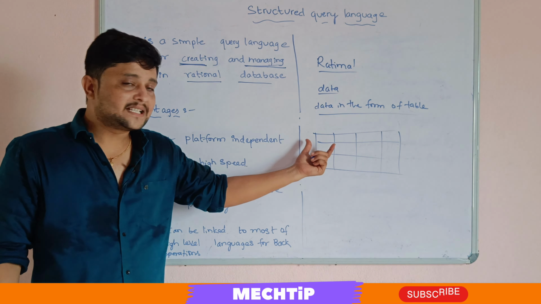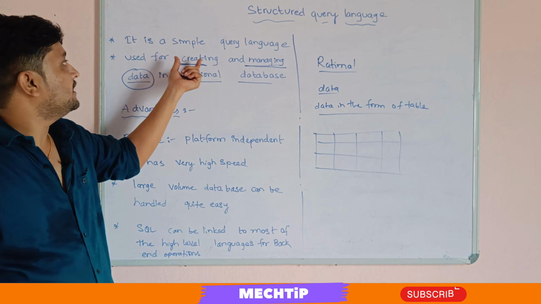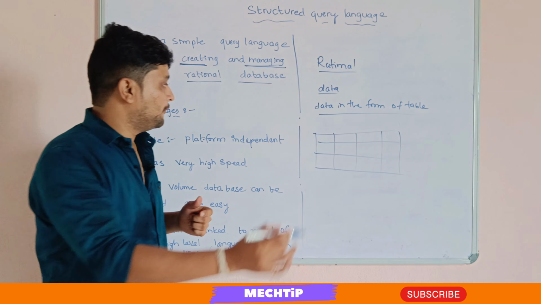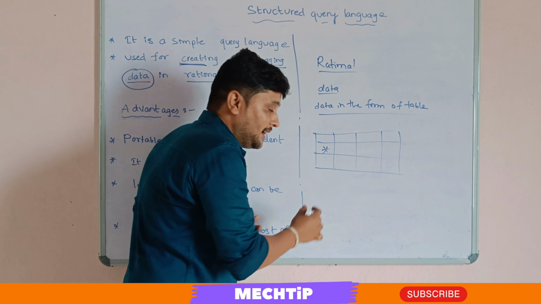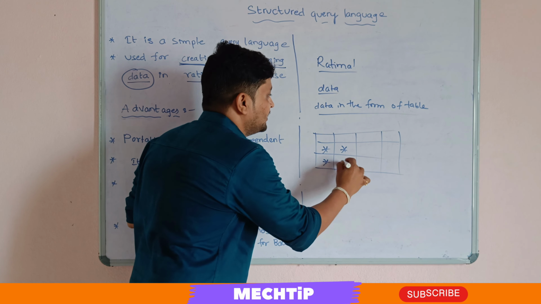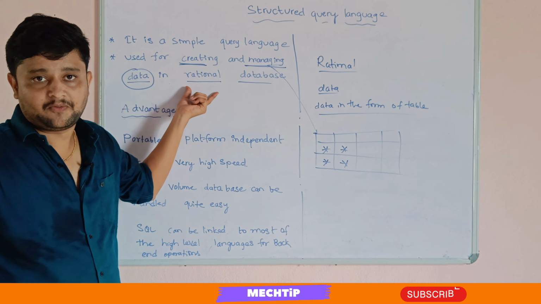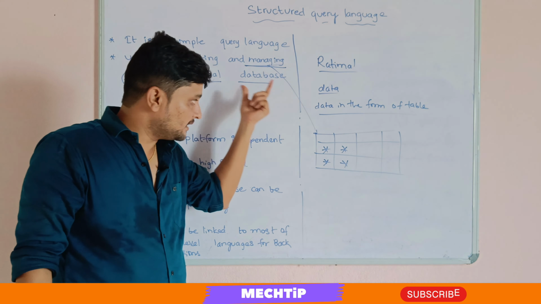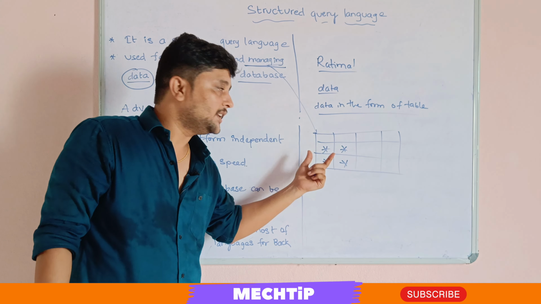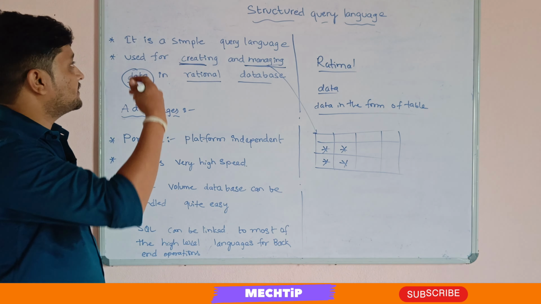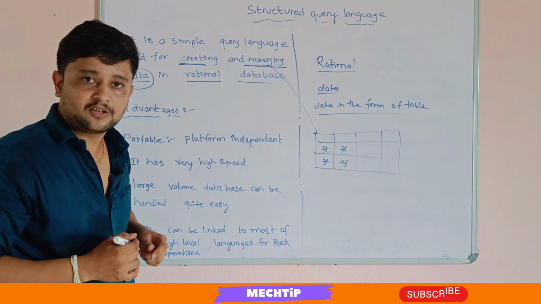Creating these kinds of tables is done by this simple query language called structured query language, and filling that data in the table is called managing of a database in relational format. Relational is nothing but the multiple relations between rows and columns. Okay, this is the definition of structured query language.